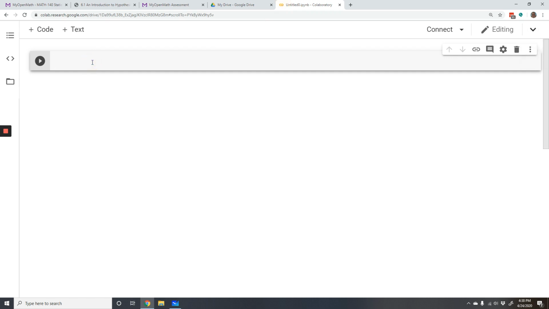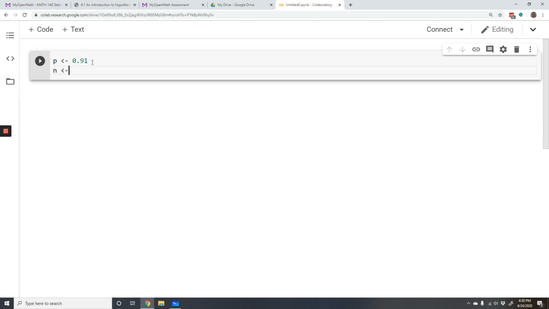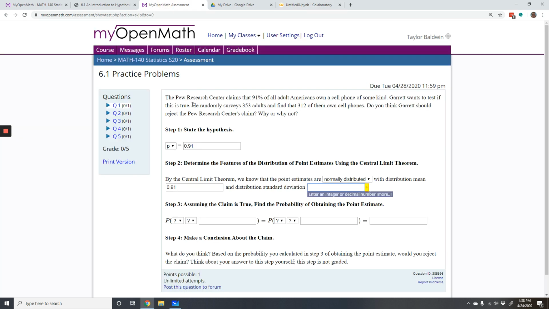So in this case, our population proportion p is 0.91. And then we will need our sample size. In this case, Garrett randomly surveys 353 adults, so our sample size is 353.